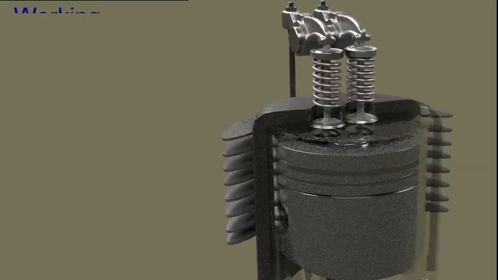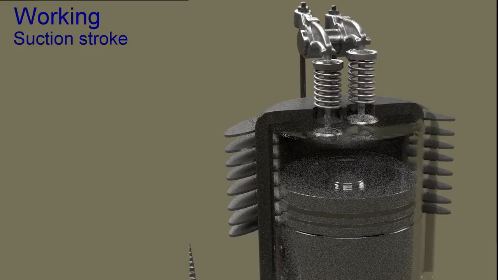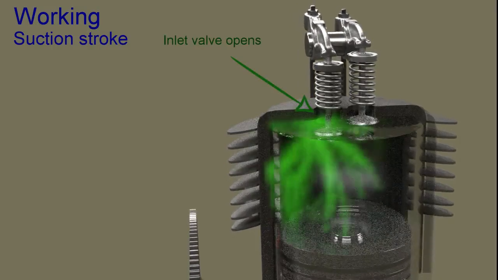When the engine starts, the piston descends to the cylinder's bottom from the top. Thus, the pressure inside the cylinder reduces. Simultaneously, the intake valve opens and the air-fuel mixture enters the cylinder.